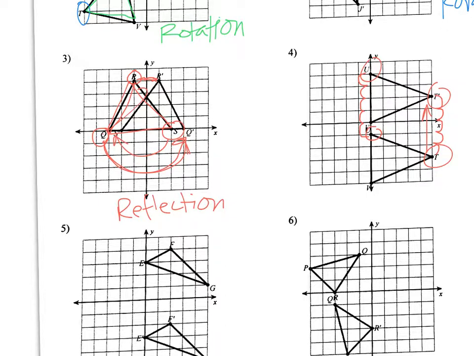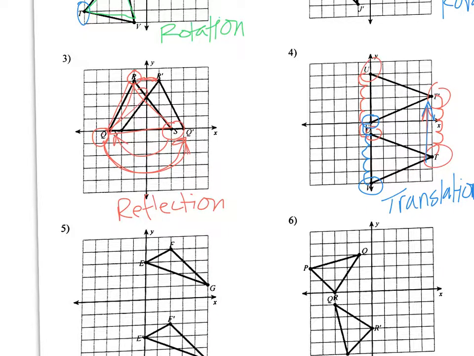Okay, let's do V. Here's V prime. Let's look. 1, 2, 3, 4, 5. So all of those have been moved exactly 5 up that direction. So that would be a translation. Translation is when you slide something.